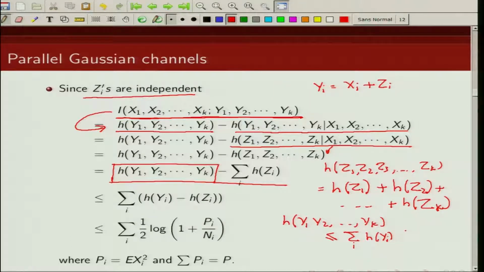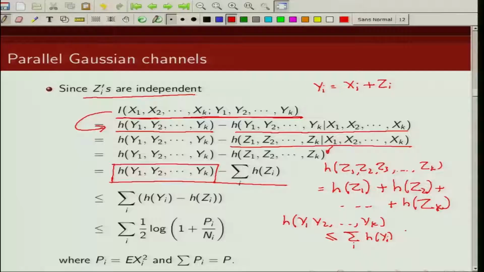The joint entropy you can write using the chain rule as a sum of conditional entropies, and we know that conditioning cannot increase entropy, so those can be upper bounded by the individual yi's, and that's how we get this inequality. If I plug that result in here, I can write the mutual information between x1, x2, xk and y1, y2, y3, yk as upper bounded by this quantity.